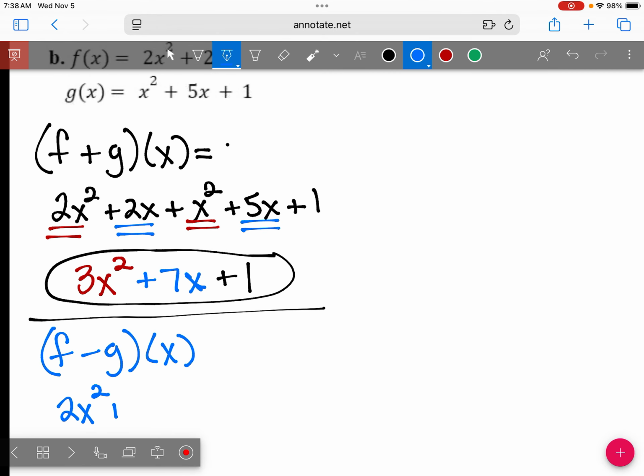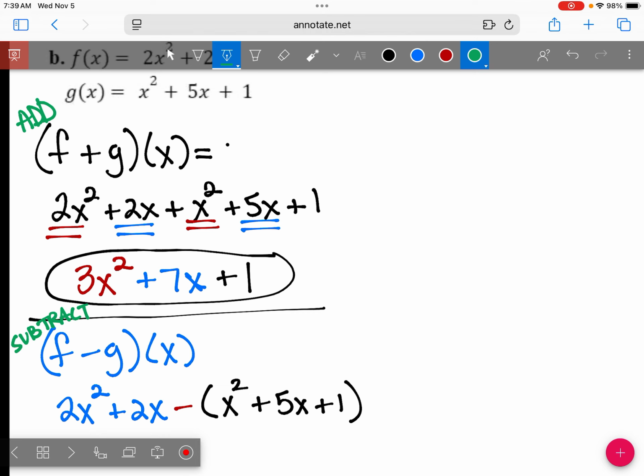And then you're going to put down a subtraction sign and put everything in the g function inside of that parentheses. So first we add, and then we're going to subtract.